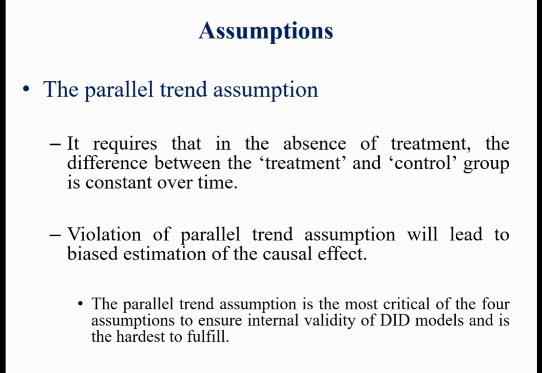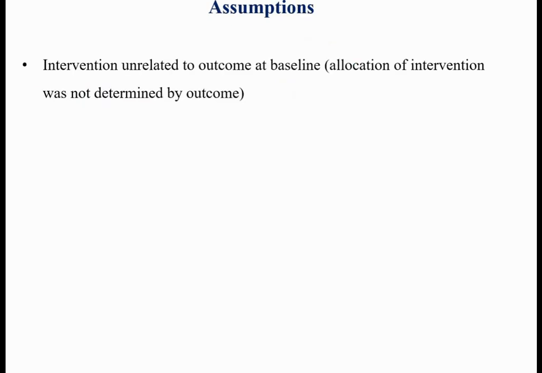Now, apart from the parallel trend assumption, the next assumption is that the intervention is unrelated to the outcome at baseline. In other words, what we are saying is that allocation of intervention should not be determined by the outcome. Most of the time, if you have read about DID before, or this is your first time, we always say that the treatment should always be exogenous.